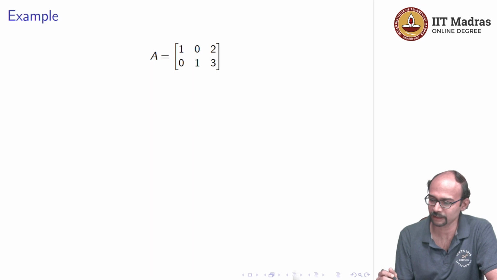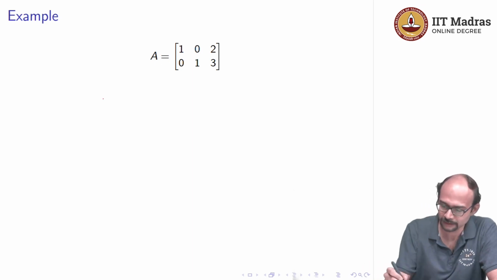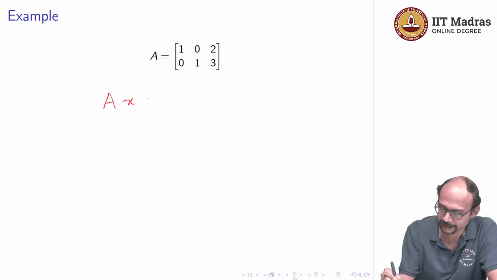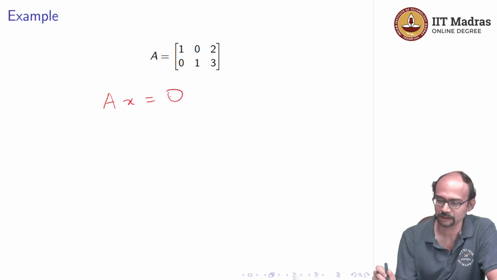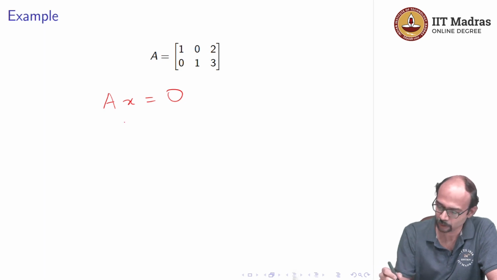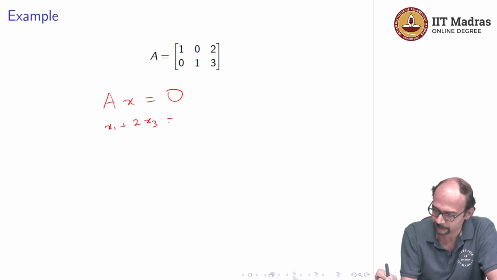Of course, I haven't mentioned what the constants are, so let's take the equation Ax equals 0. This is called a homogeneous system, which we will study later. The corresponding equations are x1 plus 2x3 is 0 and x2 plus 3x3 is 0.